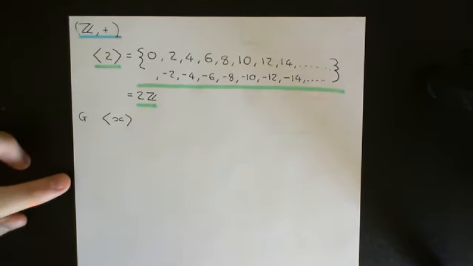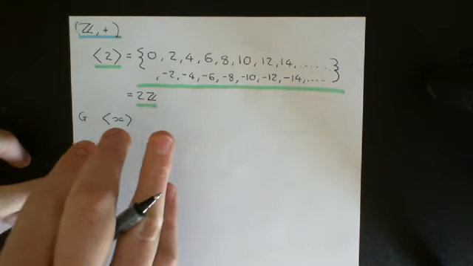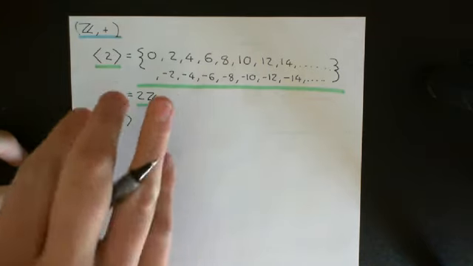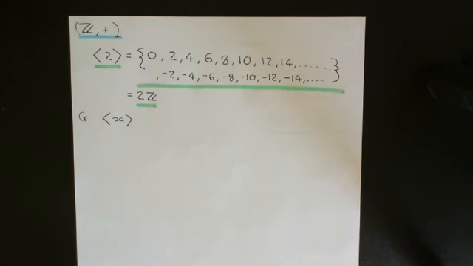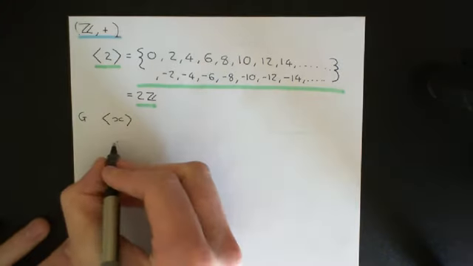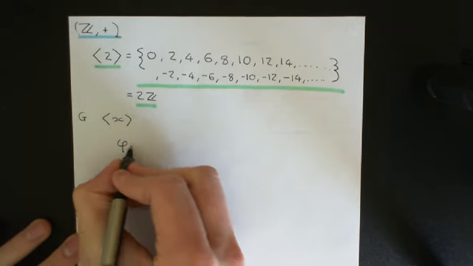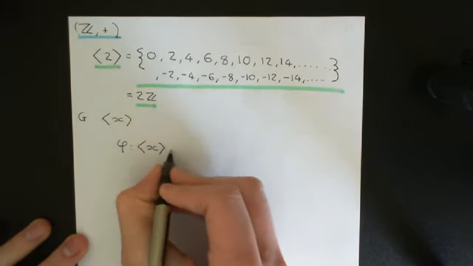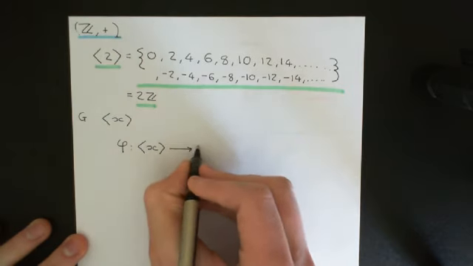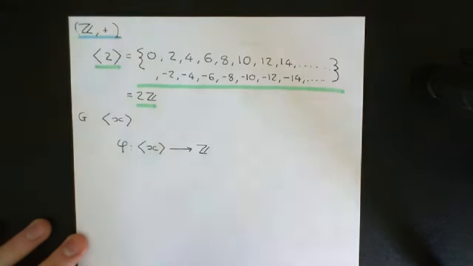To show that the infinite cyclic subgroup is isomorphic to the infinite cyclic group, what I need to do is find an isomorphism. So I need to find a mapping phi from my infinite cyclic group, the cyclic subgroup generated by x, onto my group of integers under addition.